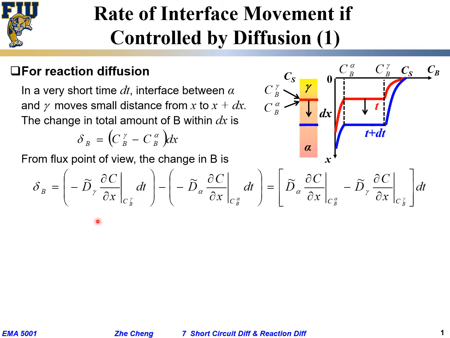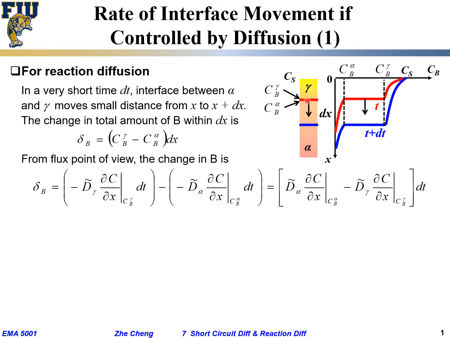Times dt, the flux times time into the material minus the flux out of this section. D gamma, the diffusion of the stuff within gamma phase times local concentration gradient for within gamma times dt minus alpha.